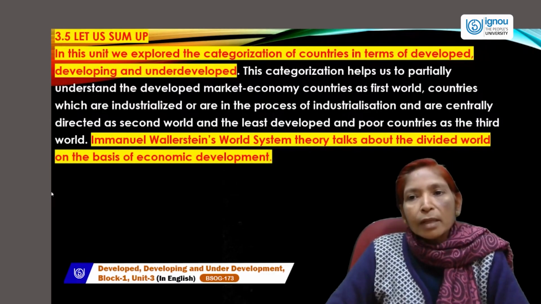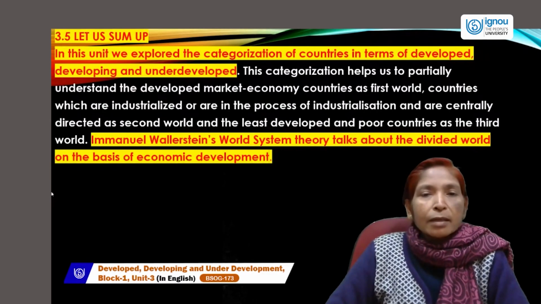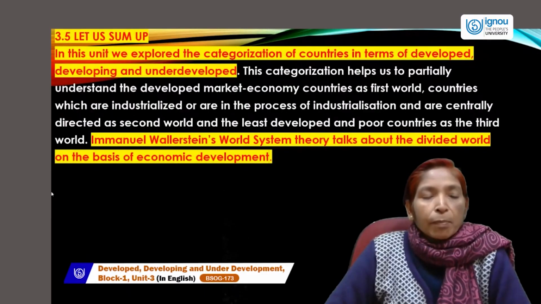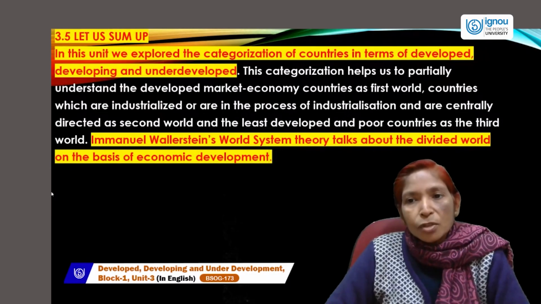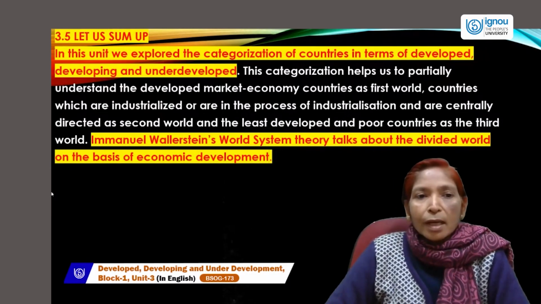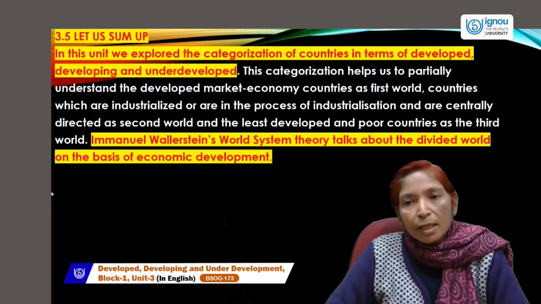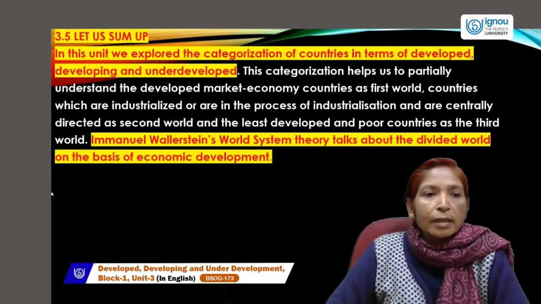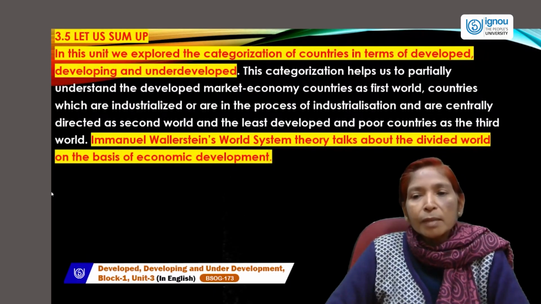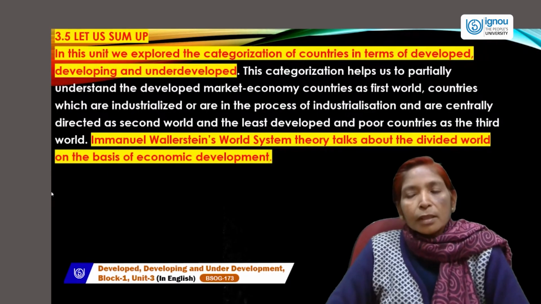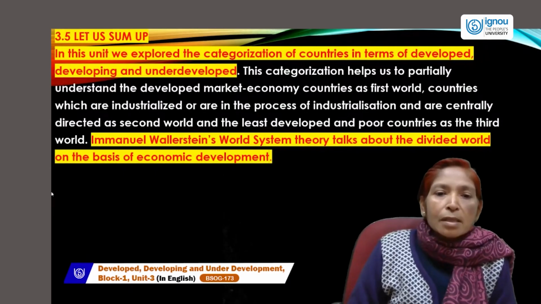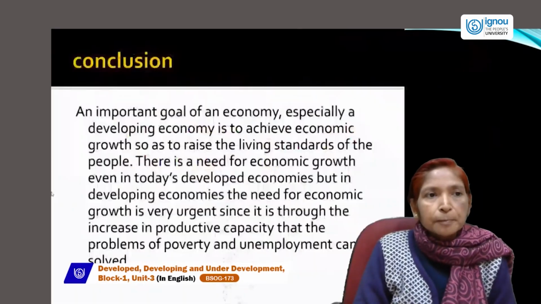This categorization helps us to partially, not fully, understand the developed market economy countries as first world countries, those which are industrialized or in the process of industrialization and centrally directed as second world, and the least developed and poor countries called third world countries. Immanuel Wallerstein's world system theory talks about the divided world on the basis of economic development.